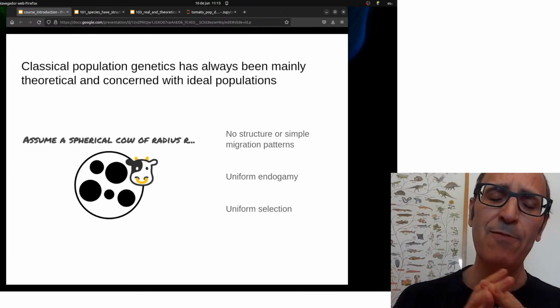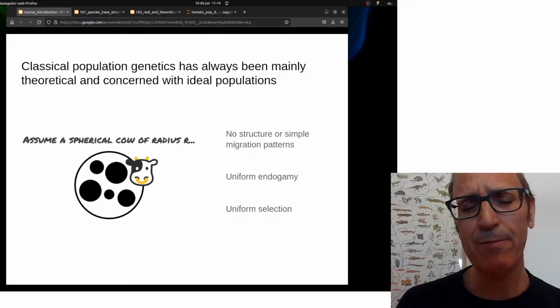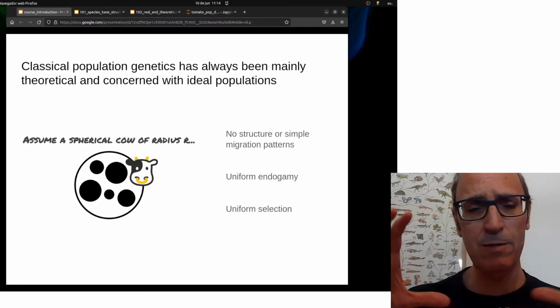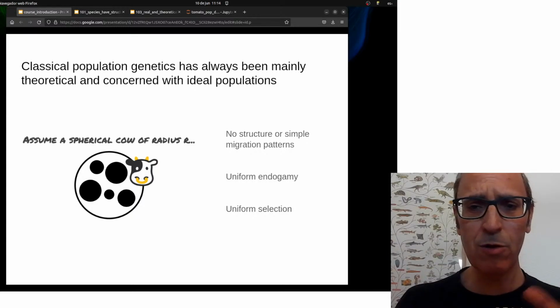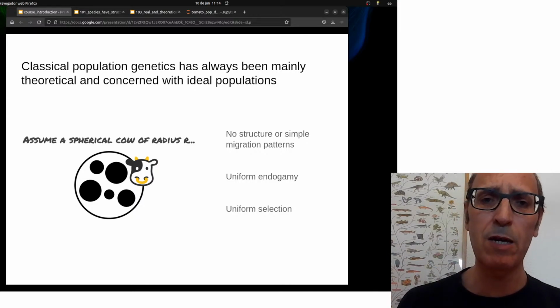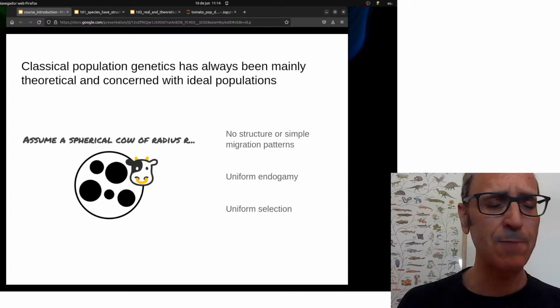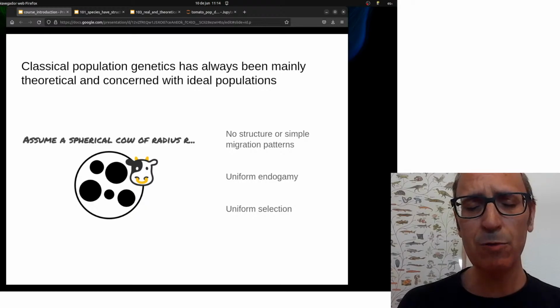You can find that some of the models that we are going to discuss are very far away from our practical concerns nowadays. For instance, they usually assume that there's no substructure in population, that we have just one population with reproduction going uniformly in the population, and that selection is being applied in a uniform way, something that is also usually not true.